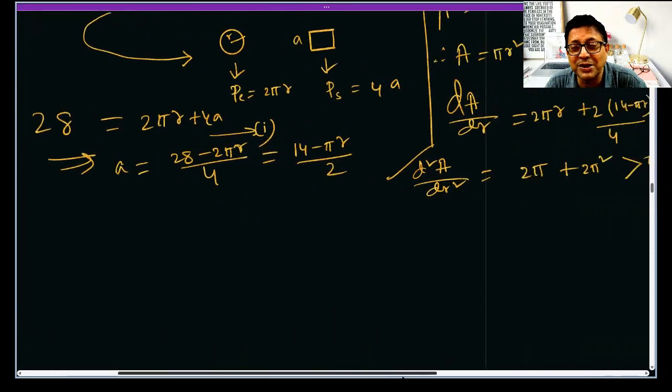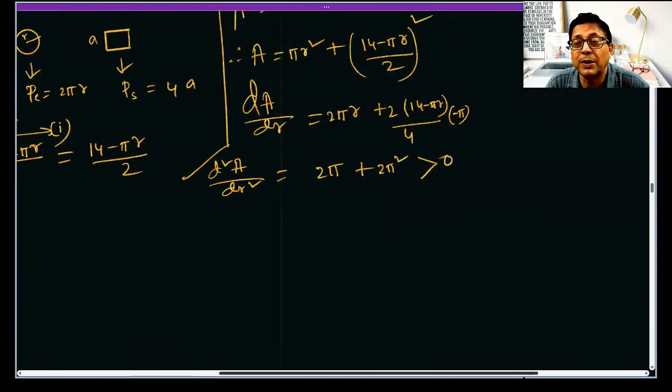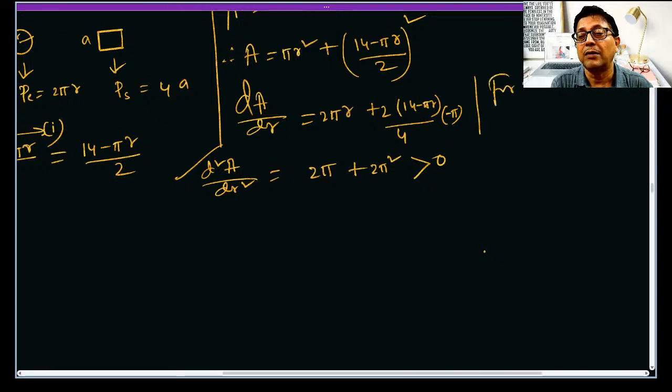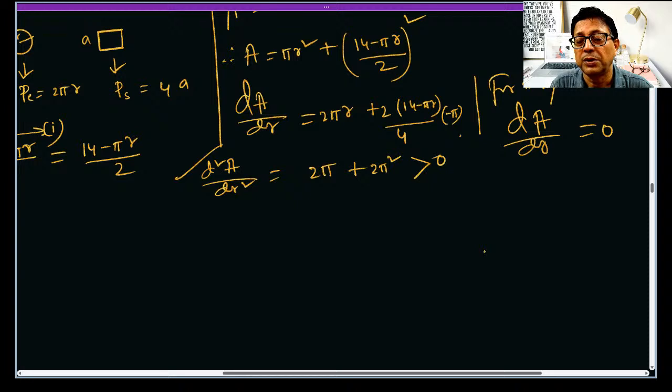But that dimension we did not find. So let us find the dimension by putting this equal to 0. For max or min, dA by dr equal to 0.